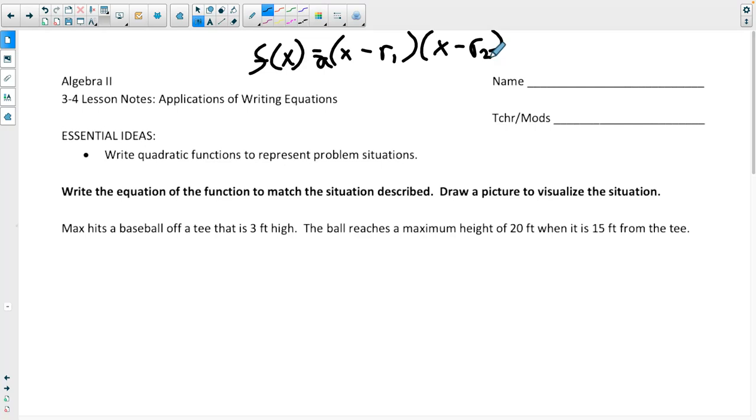And then vertex form, I'll call it h of x today because I called it b of x last time and kind of confused some of us. So I have a, and then you tell me what is vertex form.